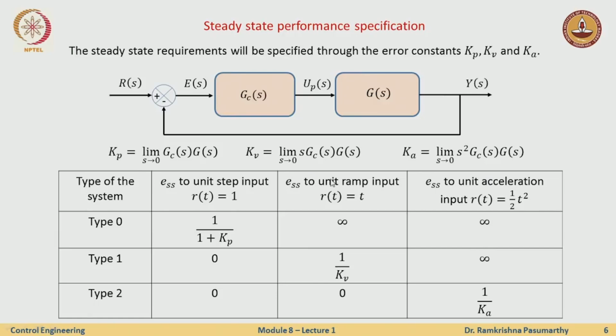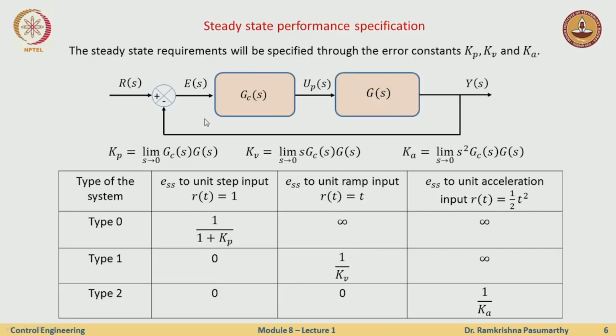What we concluded from that analysis is that if it is a type 0 system, which means G times GC will not have a pole at the origin, then it will be able to track a step input, but with some error, and we know how to compute this Kp with this simple formula.